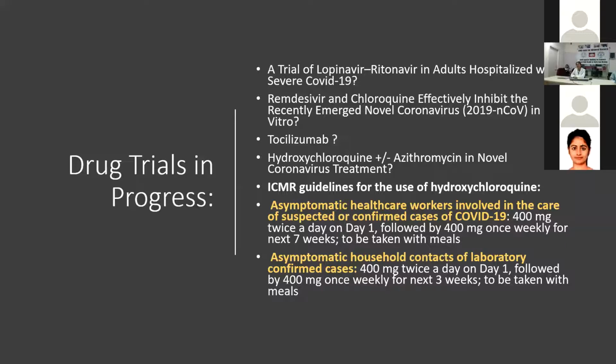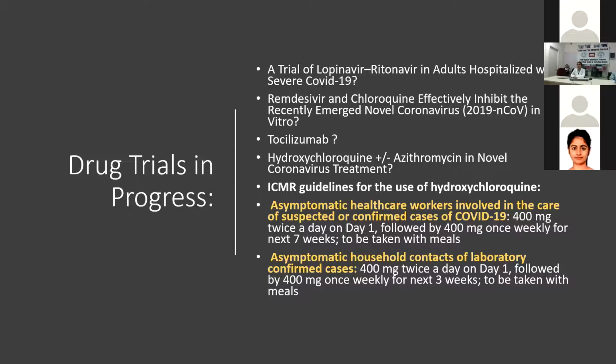It has an immunomodulatory effect as well, due to which we use it in rheumatoid arthritis and SLE. It also inhibits the glycosylation of ACE2 receptors, which are considered the main receptors for novel coronavirus entry. There have been trials going on with tocilizumab as well, and hydroxychloroquine with or without azithromycin is also being considered as treatment.